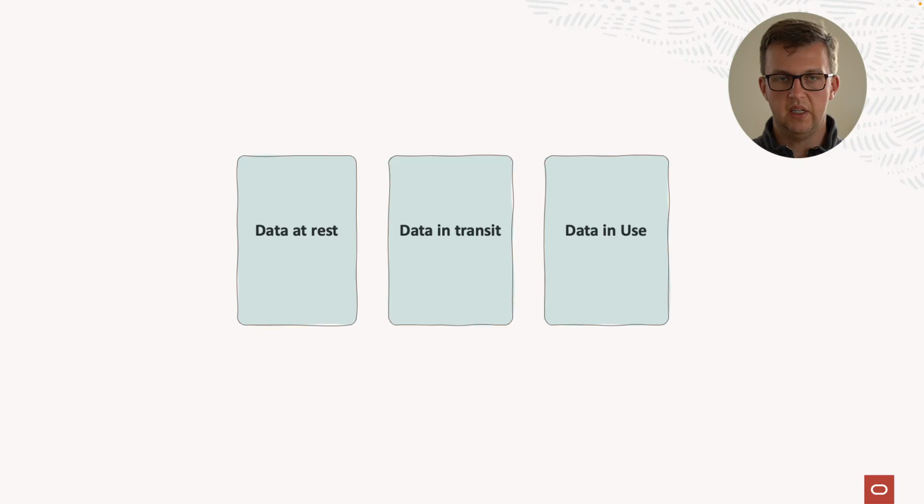Data at rest is data stored on a block volume or object storage and is ready for use by other services. Data in transit is when we get to the point where we need to utilize stored data and we need to transfer them to a specific service for processing. Data in use is the data on which computations are being performed and are loaded into memory for quick access by CPUs.